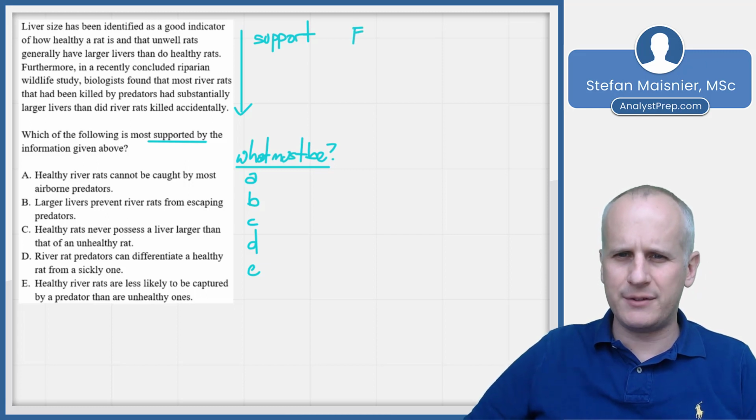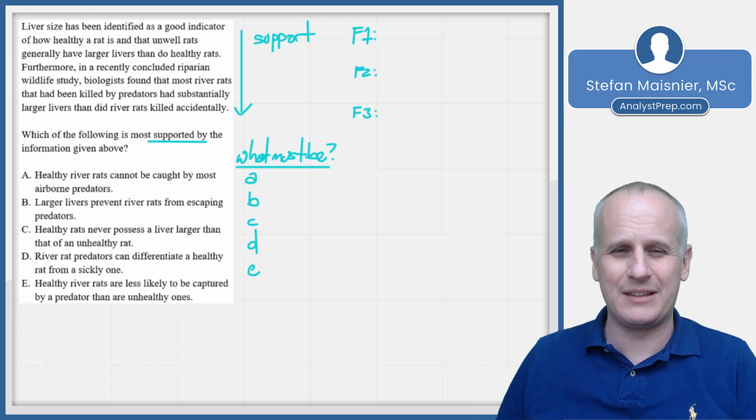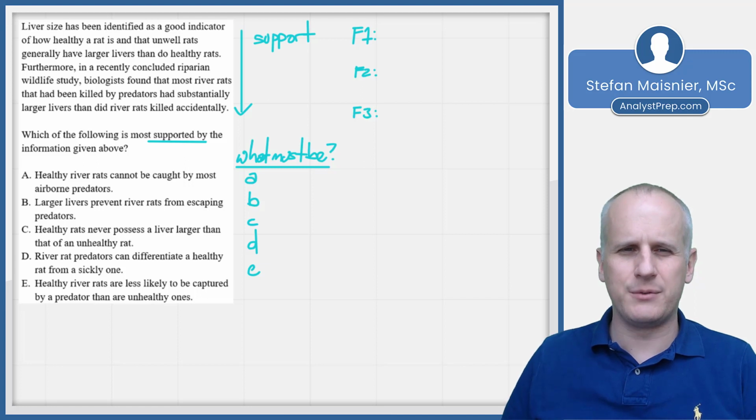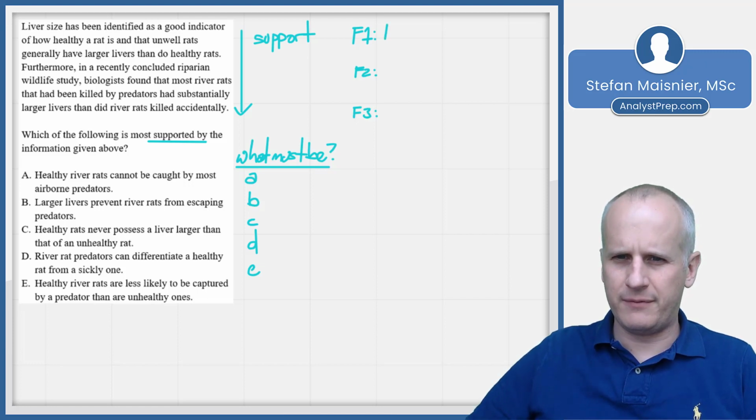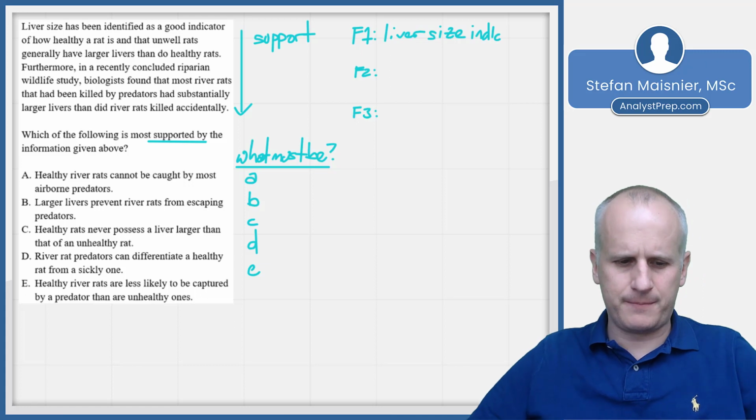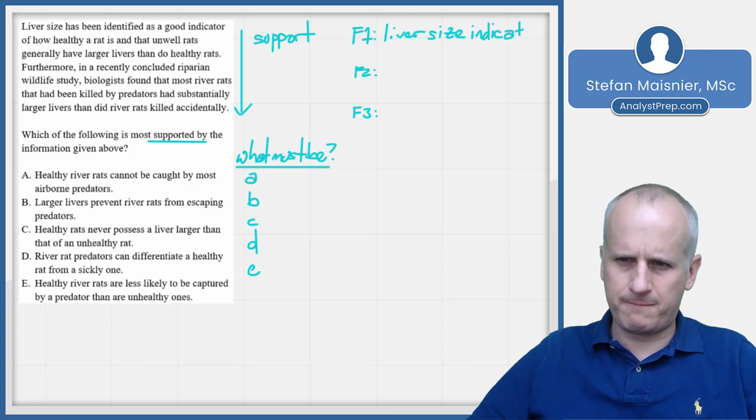So we're going to write out a few fact statements, 1, 2, and 3. If we need more, we'll get them. And just start taking shorthand notes. So liver size has been identified as a good indicator of how healthy a rat is. Okay, so we know that liver size indicates rat health.